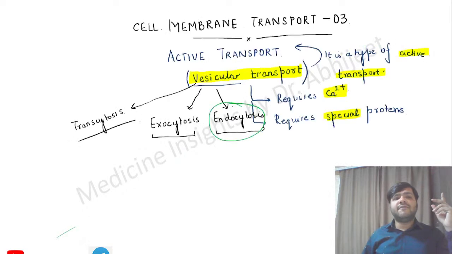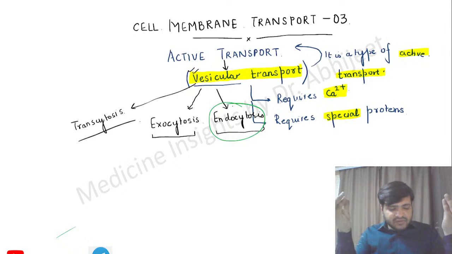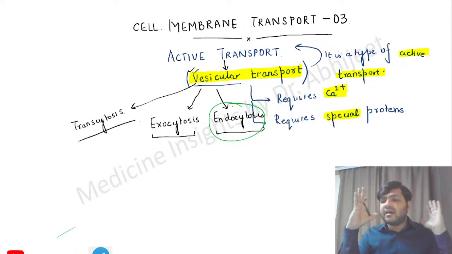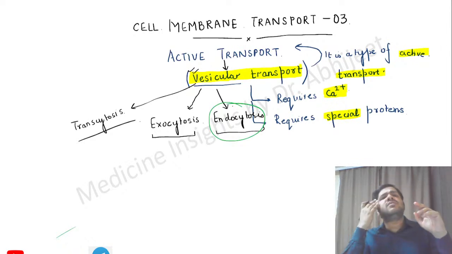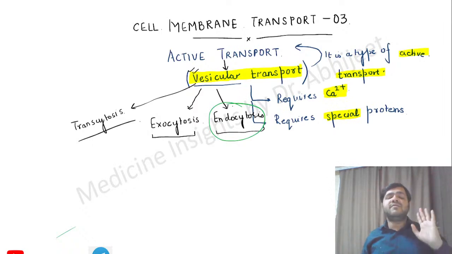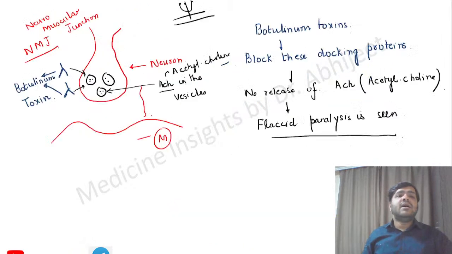Apart from that, I have focused my discussion today on vesicular transport, which is again a type of active transport, of three types: endocytosis, exocytosis, and transcytosis. So this completes active transport. Passive transport I have already completed in the first lecture.